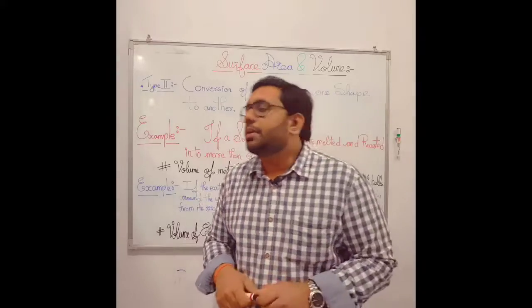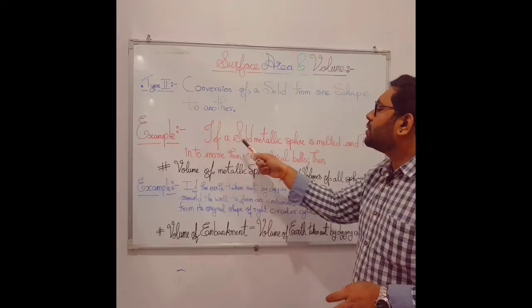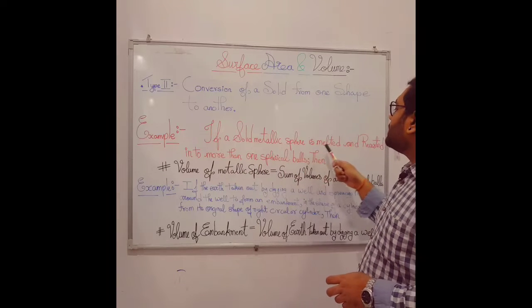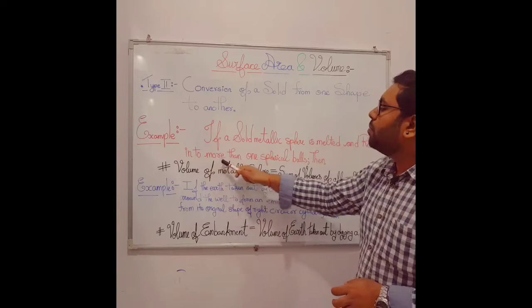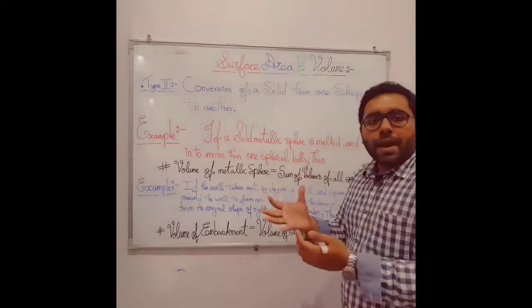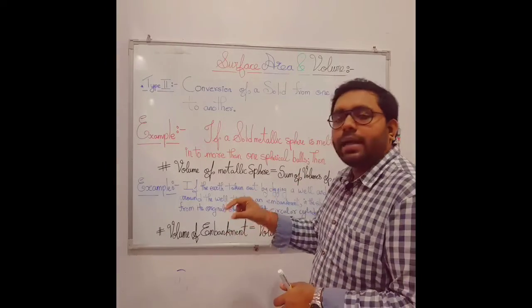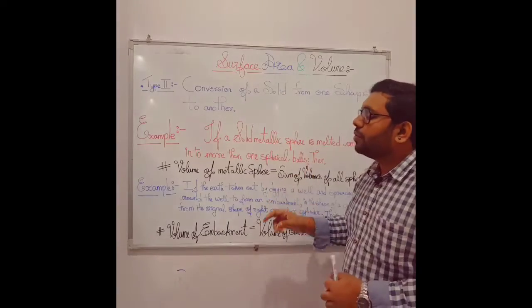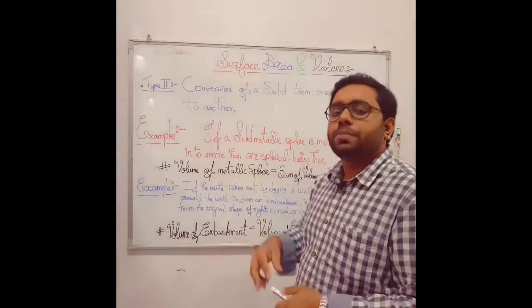Let's see an example. The very first example I have taken over here is, if a solid metallic sphere is melted and recasted into more than one spherical balls, which means what? You have one big metallic sphere, you melt it and you make small metallic spheres. So in this scenario, a big sphere is converted into a number of smaller spheres.